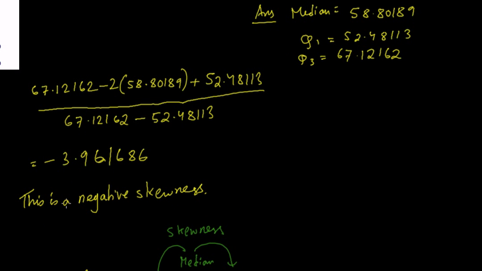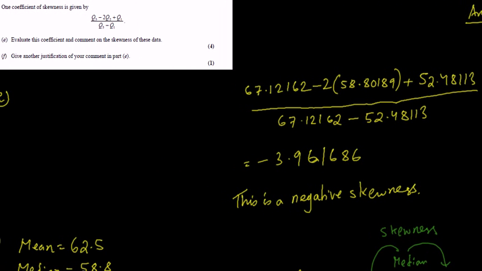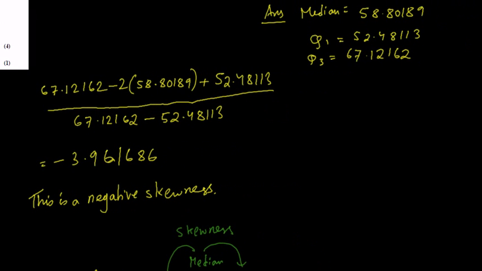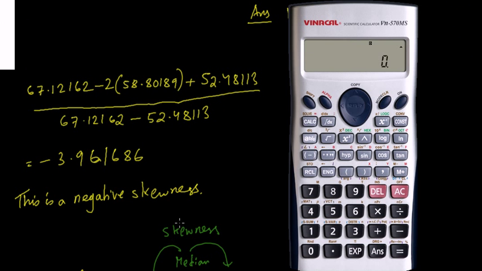So let me calculate this again, where we calculated the negative skewness. Here is the formula that they have given for skewness, so these two can be different, so maybe there was a mistake made here. So I want to calculate this again. So this is 67.12162 minus 2 into 58.80189 plus 52.48113.